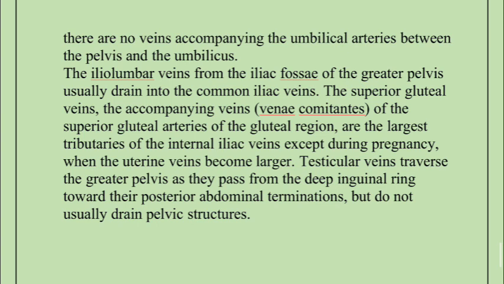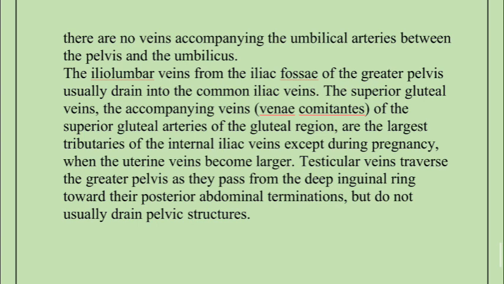You have testicular veins which traverse the greater pelvis as they pass from the deep inguinal ring towards the posterior abdominal wall. So you must note that the superior gluteal veins, the accompanying veins, that's the vena comitans of the superior gluteal arteries, are the largest tributaries of the internal iliac veins, except during pregnancy, when the uterine veins become larger.